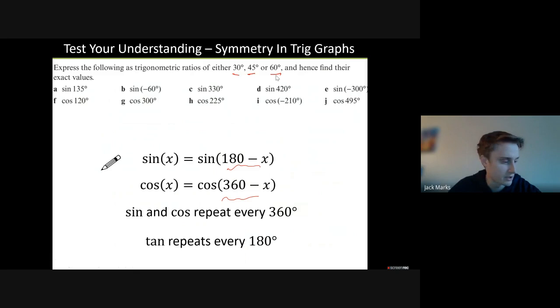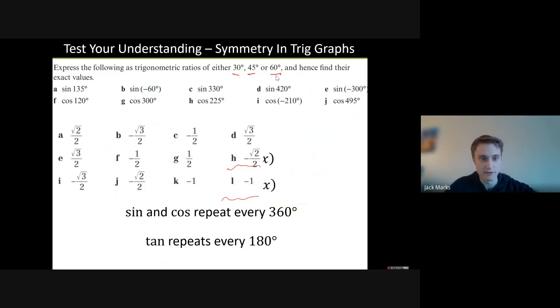Pause the video, have a go. So I'm assuming that you've had a go at that now. You should be able to express them in 30, 45, and 60, and you will know if you have done that or not. And then as a final step, if you enter the values, this is what you should get for these here.